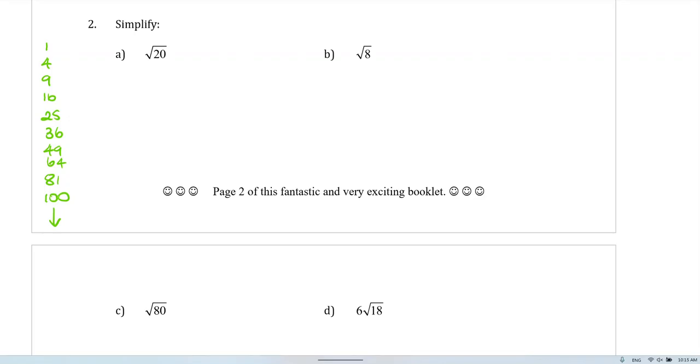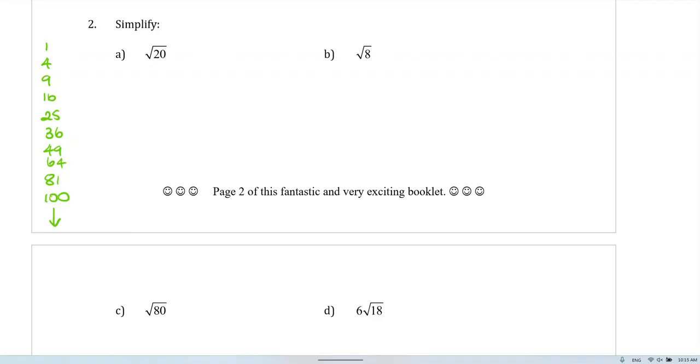If I want to simplify the square root of 20, I want to find two numbers that multiply to give 20, but one of the numbers has to be a perfect square number. Doing 2 times 10, for example, is not helpful because neither of those numbers are perfect squares. However, 4 times 5 is 20, and 4 is one of my numbers right here.